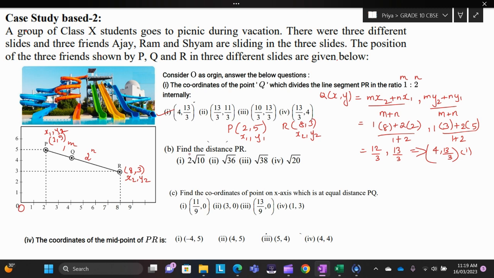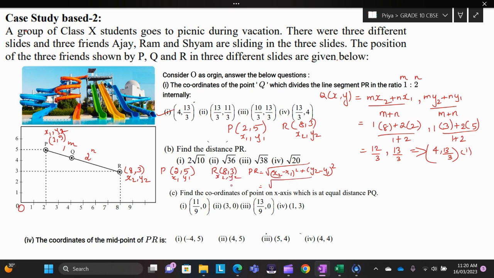So come to question B. Find the distance PR. So again I need to write the coordinates of P as 2 comma 5 and R as 8 comma 3. And what is the distance formula? The distance formula for PR is going to be root of (x2 minus x1) the whole square plus (y2 minus y1) the whole square. So mark x1, y1, x2, y2.